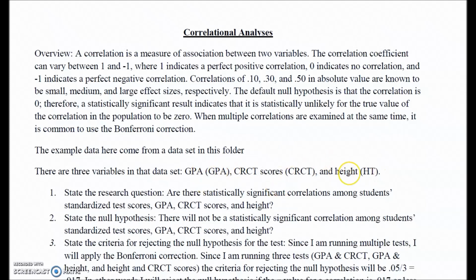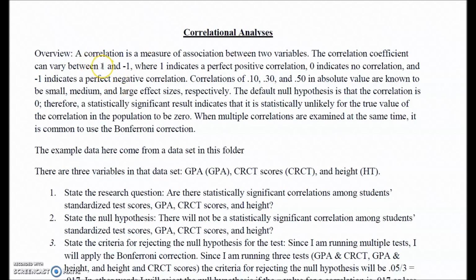If you have three variables, what we take care of is the alpha value, that is the level of significance. I will talk about that in just a minute. If we are looking at correlation, which I just said is a measure of association between two variables, the value of the correlation coefficient can vary from 1 to -1.